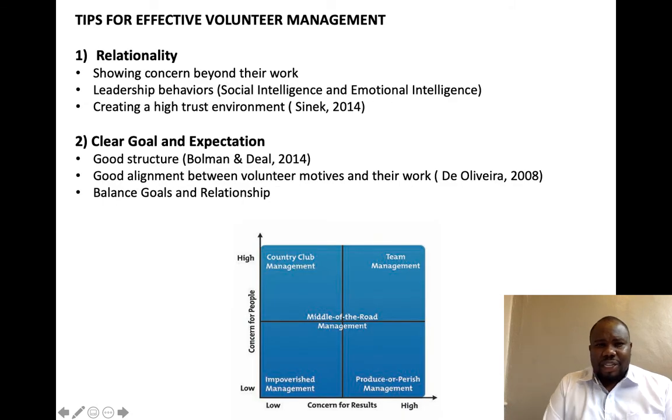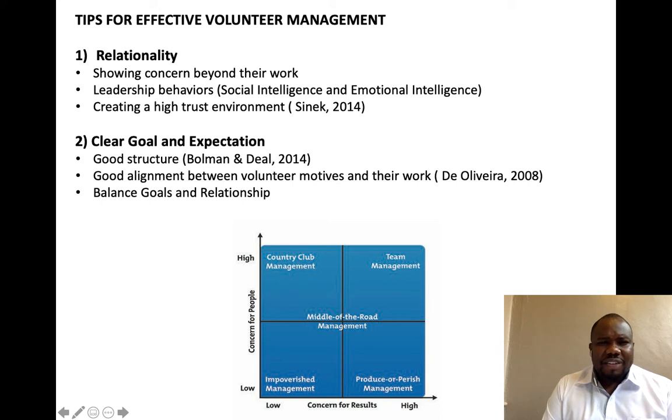So what are the tips that are required to effectively manage volunteers? Effectively managing volunteers requires a leader to be relational. This is something that kept popping up in most of the conversations that I had with volunteer team leaders in different organizations.